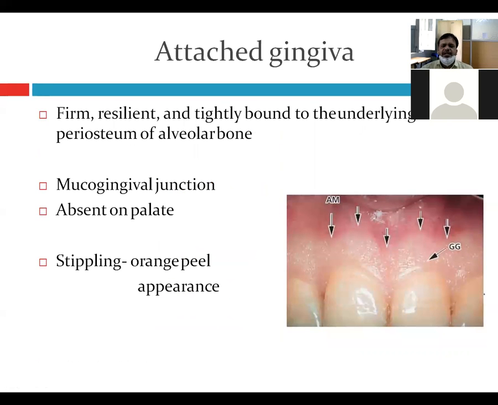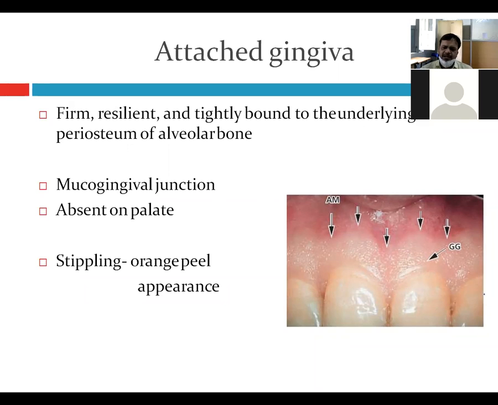Now coming to the second part, attached gingiva. This attached gingiva is the most important part of gingiva. Whenever you are recording case history, you should determine the attached gingiva. Attached gingiva is firm, resilient, and tightly bound to the underlying periosteum of alveolar bone.